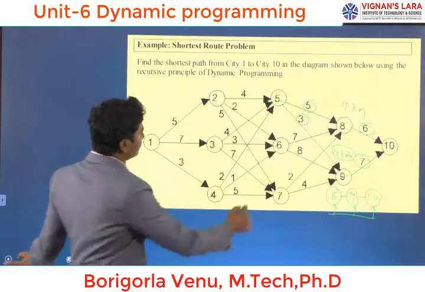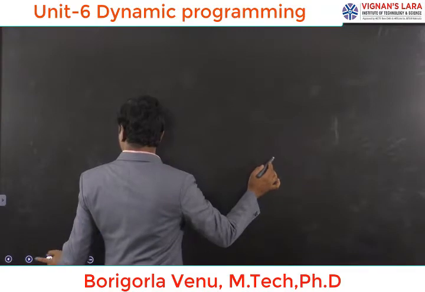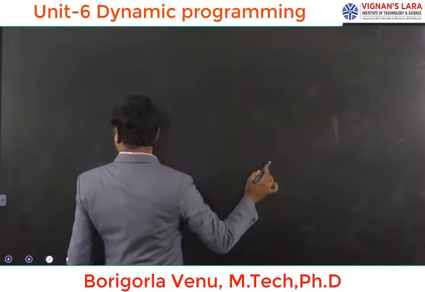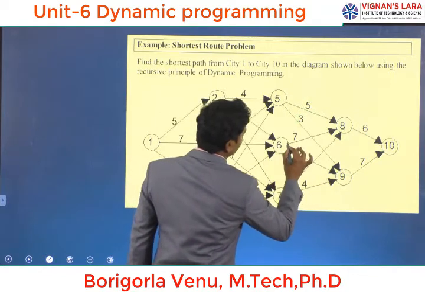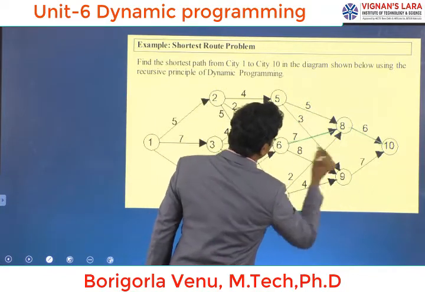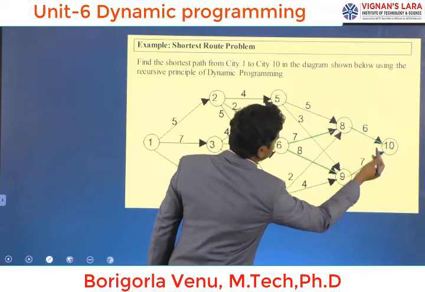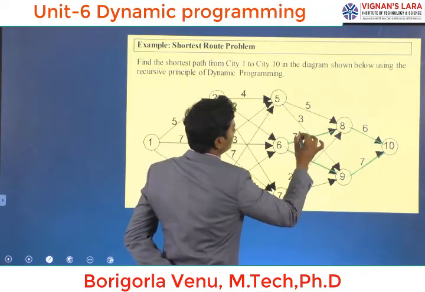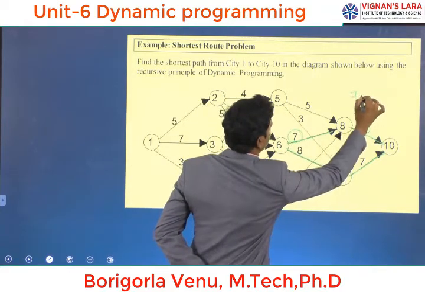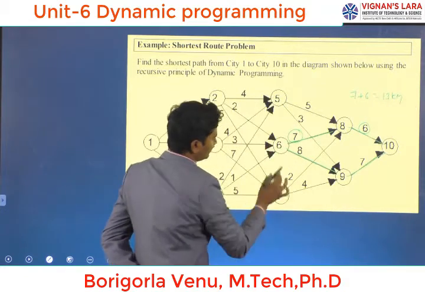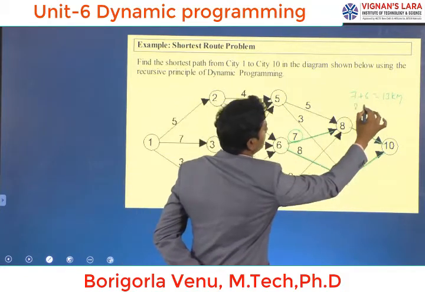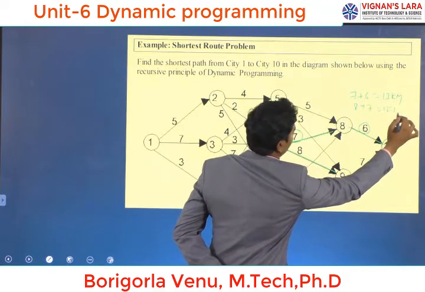Coming to the node 6, from this node we have two routes, 6, 8, 8, 10, 6, 9, 9, 10. Here coming to 7 and 6, 7 plus 6, total how much? 13 kilometers, and here 8 plus 7 is equal to 15 kilometers.